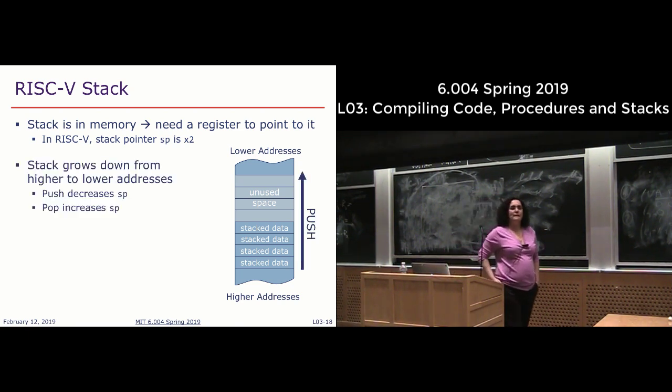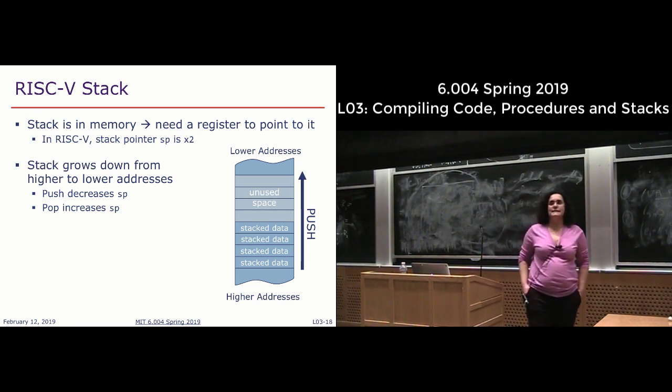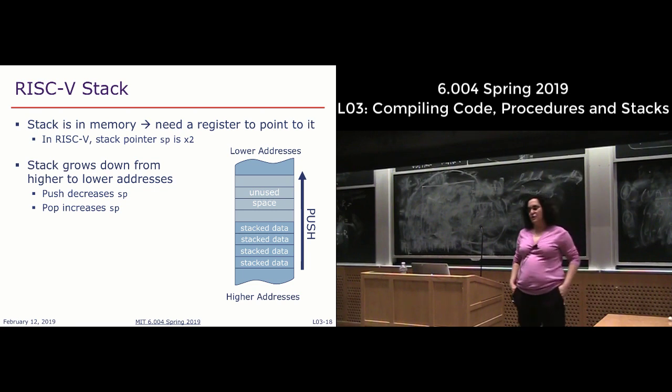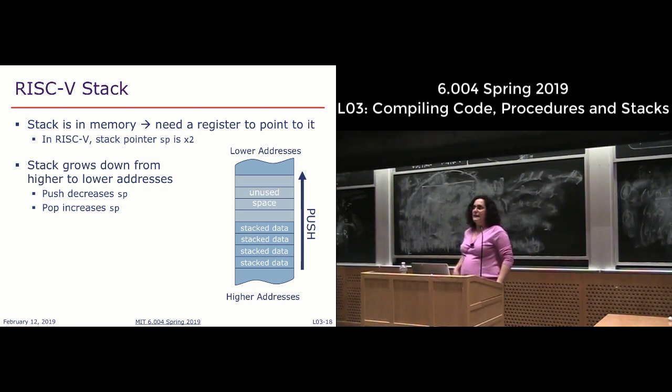And the way that addresses grow as far as the RISC-V stack is concerned, and this is different depending on the instruction set architecture, is that as we push things onto the stack, we're actually going from higher addresses to lower addresses. Okay, so basically, if you do a push onto the stack, it actually decreases the stack pointer.